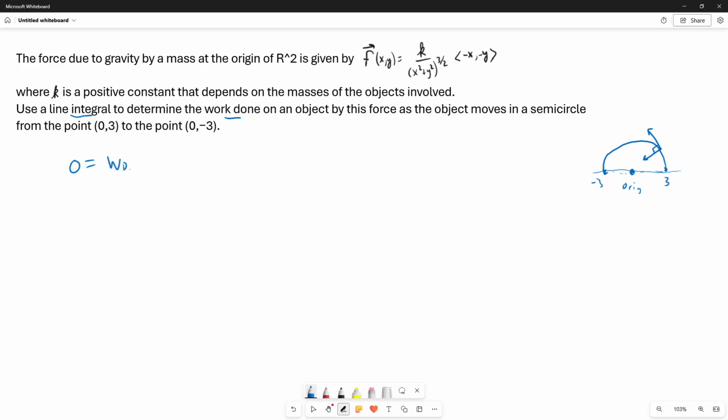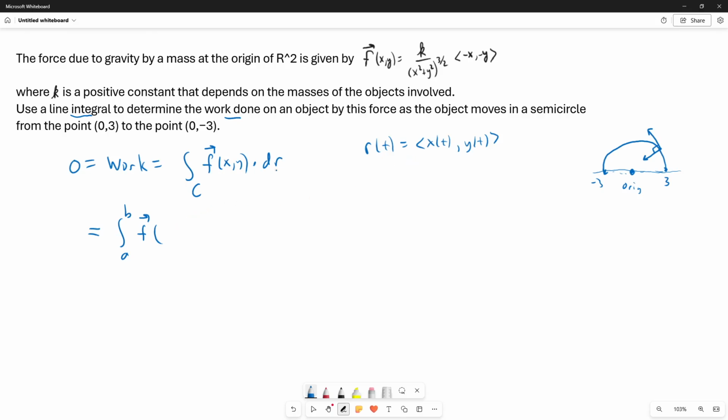Let's calculate our work. Using a line integral, it's going to be the integral along the path of the force dotted with dr. And what this means is we're going to be integrating from A to B. We're going to parameterize our curve r of t as x of t comma y of t.